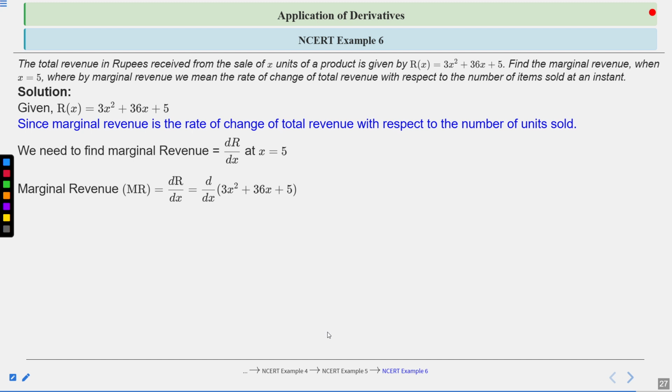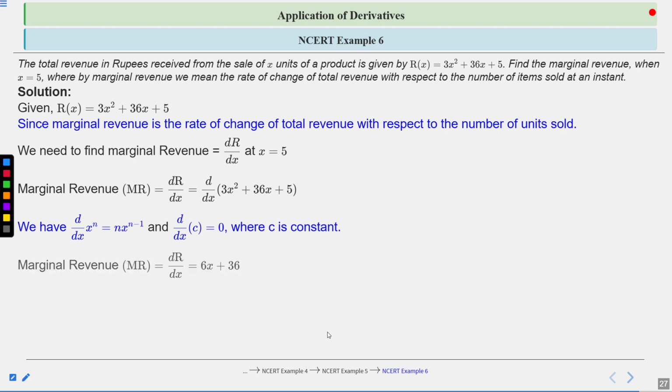Now, marginal revenue MR will be equal to dR/dx, which is equal to d/dx of (3x² + 36x + 5), right? Now we have d/dx of xⁿ is equal to n xⁿ⁻¹, and d/dx of c is equal to 0, where c is a constant.